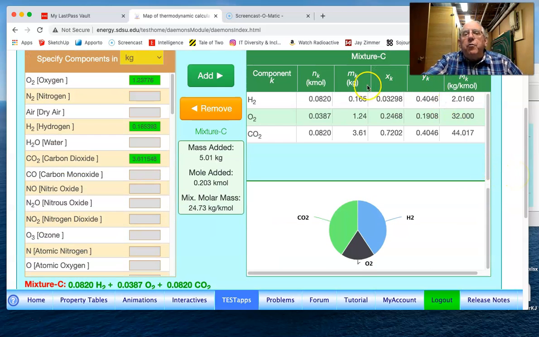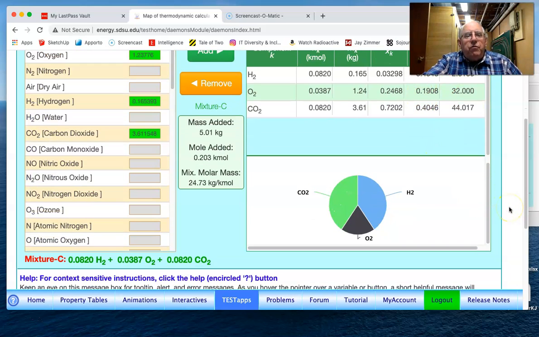Again, we put the information in terms of the mass because that's what we had access to. And like I said, it calculated these mole fractions, and it used those mole fractions.